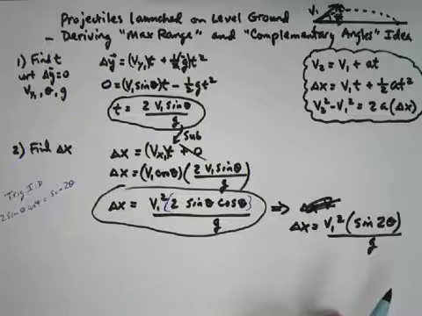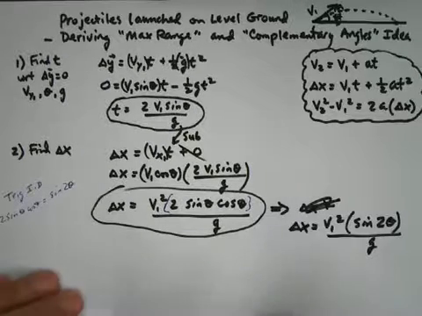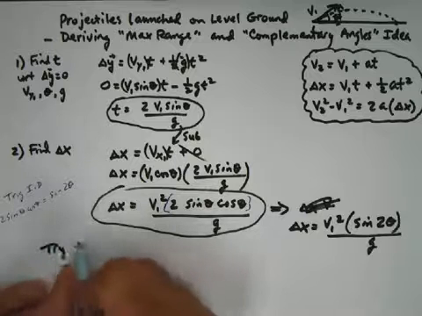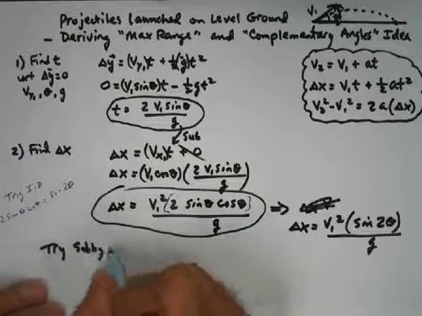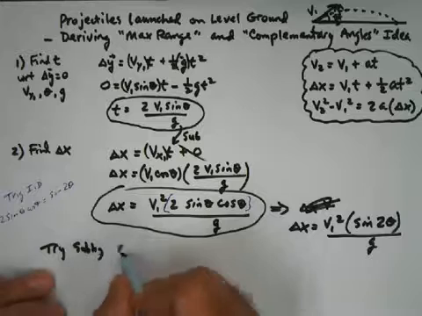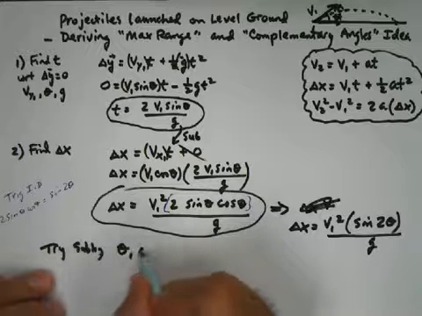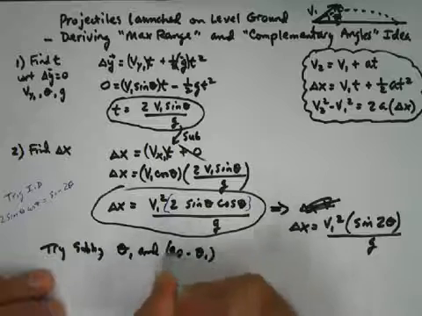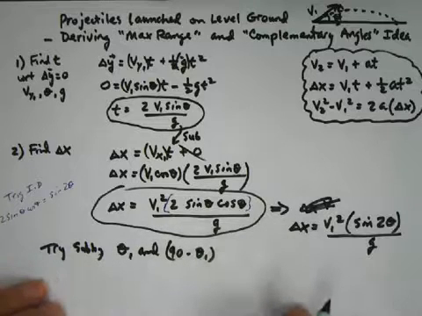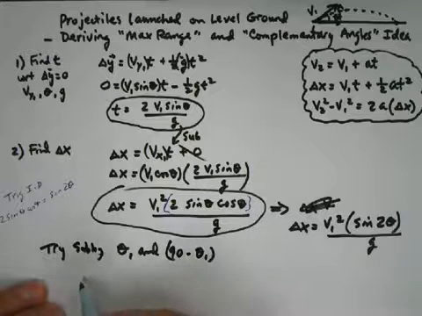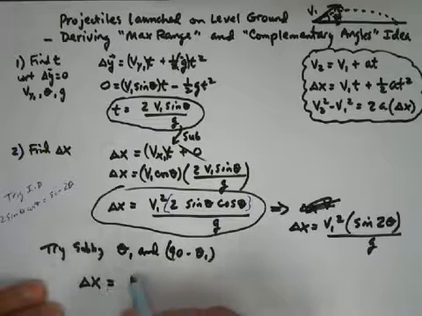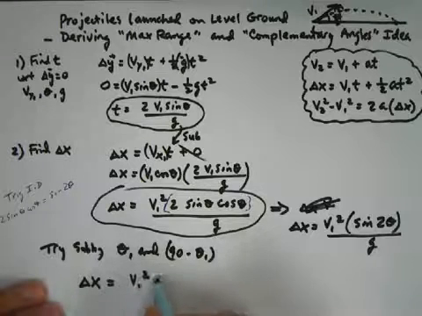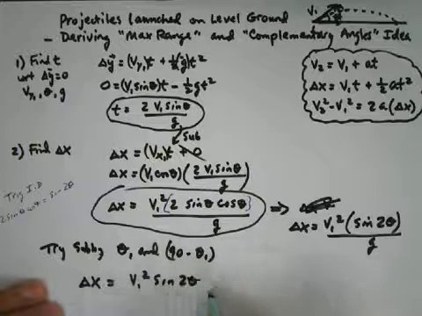Okay, now if we try subbing in theta 1 and also 90 minus theta 1 and set them equal, we'll see if it's true. So delta x equals V1 squared sine 2 theta over g.